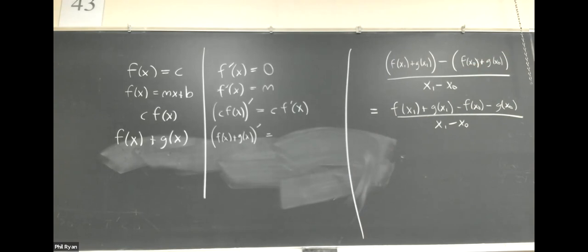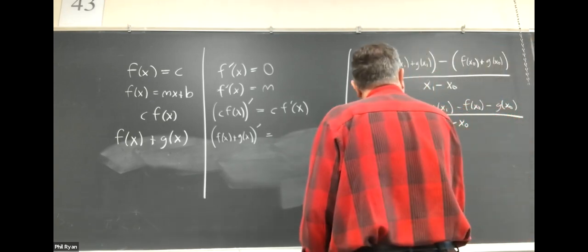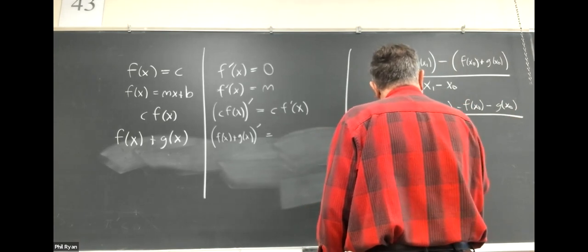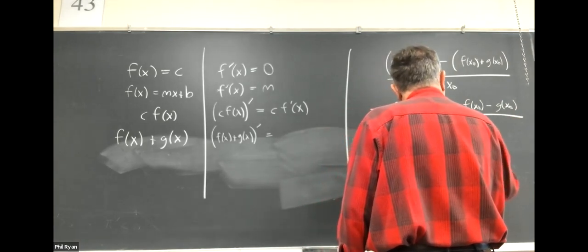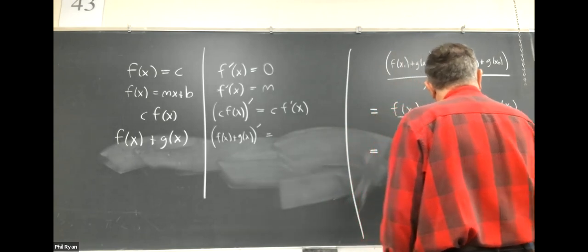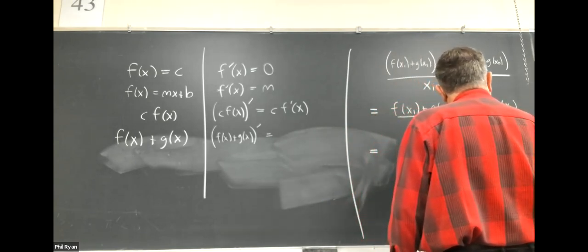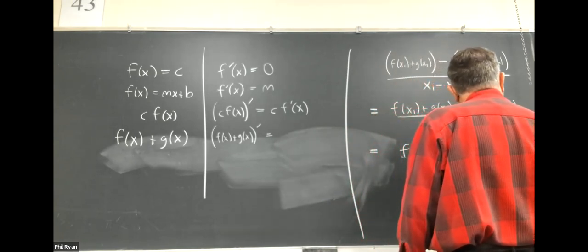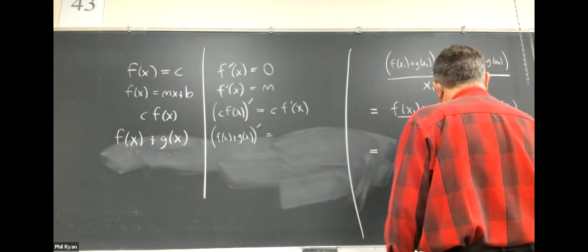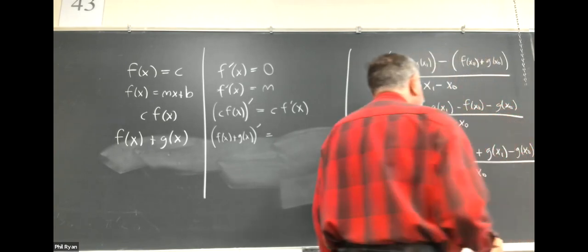Again, there's not much we can do algebra-wise, but a good thing is always to put like things together. That's a basic thing we do in algebra. So that's going to be f of x1 minus f of x naught plus g of x1 minus g of x naught, over x1 minus x naught.